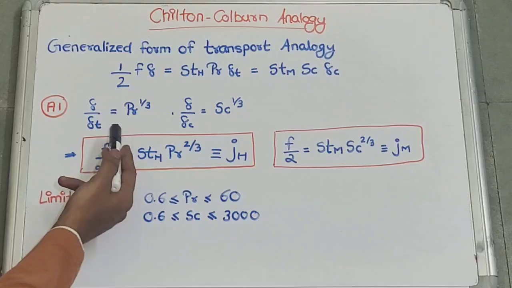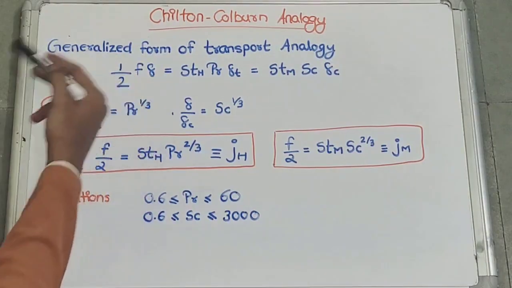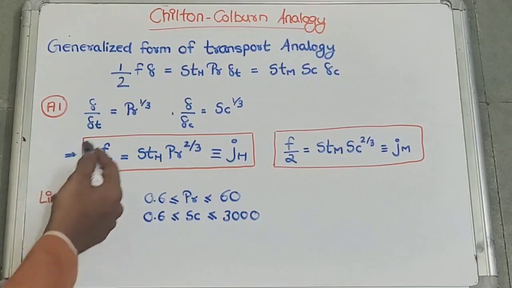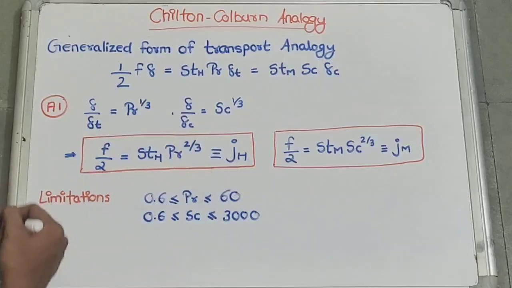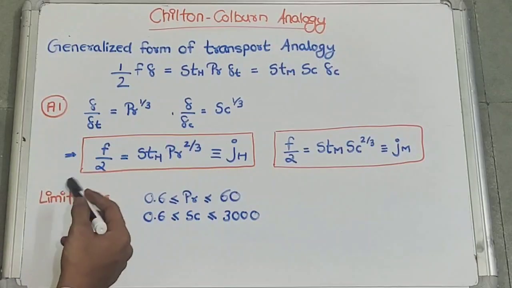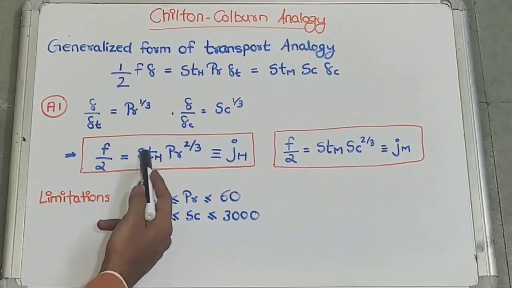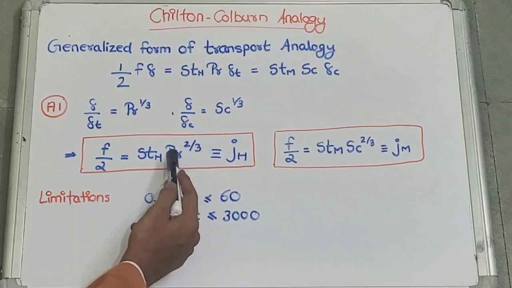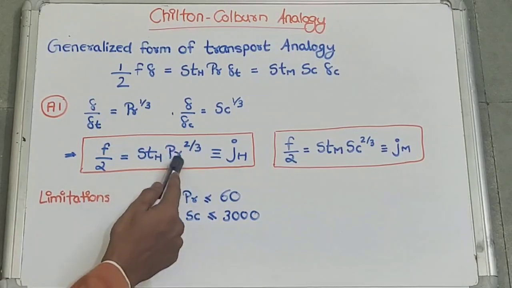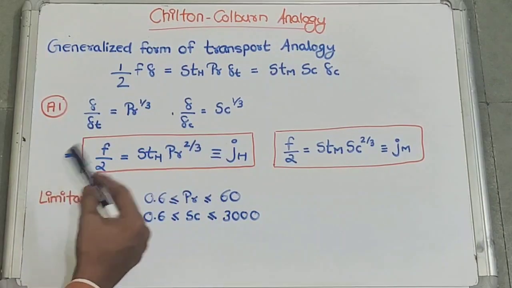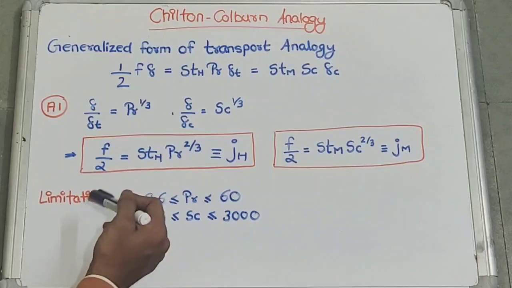So, if we substitute all these values in the generalized form of transport analogy, we get these two forms of equation, that is f by 2 is equal to Stanton number for heat transfer multiplied by Prandtl number to the power 2 by 3, and this we denote as J_H. Later you will know what is meant by J_H.